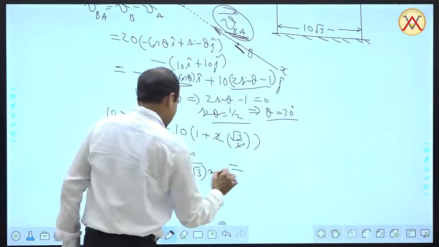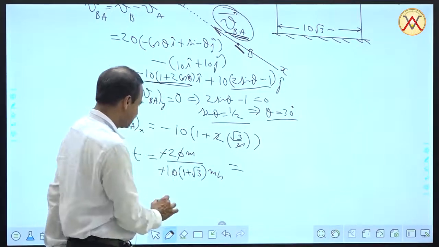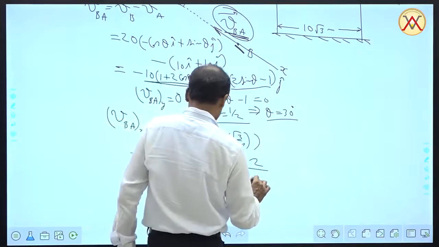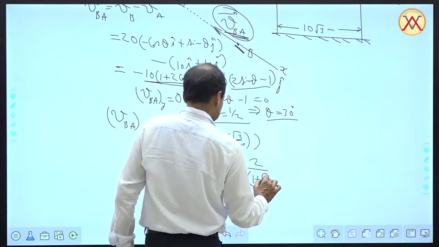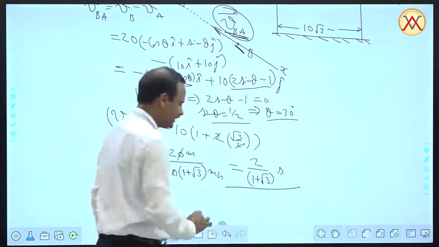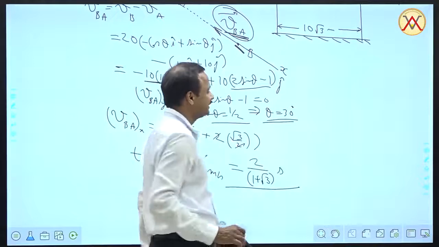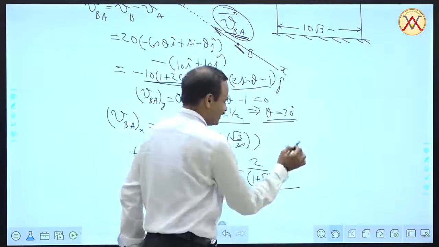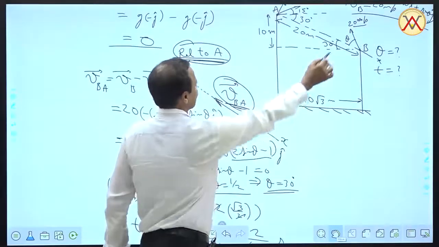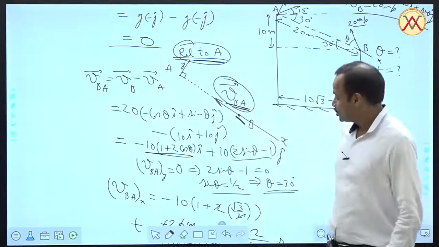So the minus also goes, and you can write the value of T as 2 upon 1 plus root 3 seconds. So the collision will take place at this time, and the condition for collision is that the value of theta, as in this diagram, should be 30 degrees.